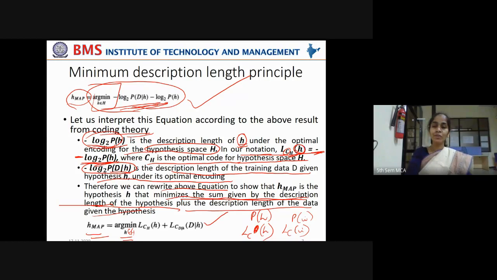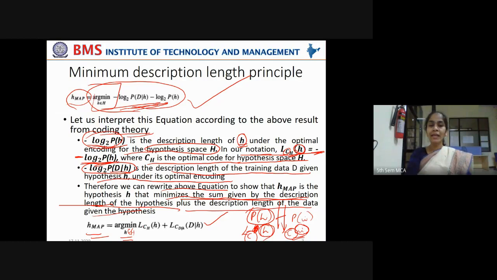That is why instead of P, you are using L. Here you have written it as LC of i, indicating the length of message i when encoded by using this encoding technique C. Now, when you take probability of H, you can write it as the length of the hypothesis by using this encoding technique C over the hypothesis space capital H.